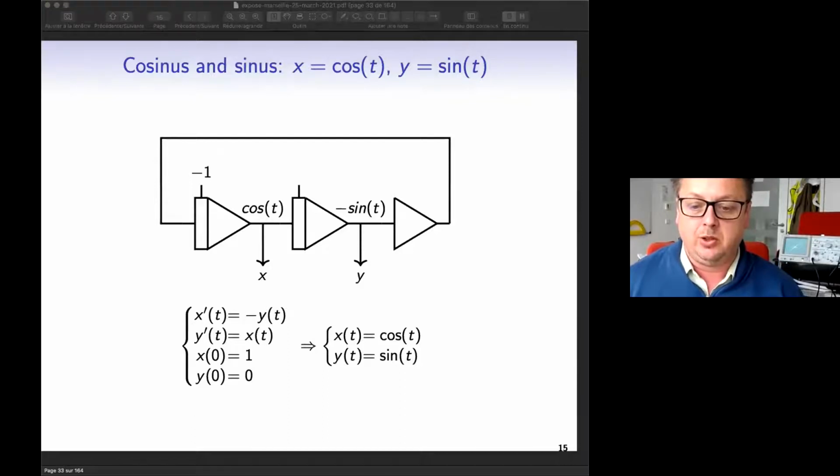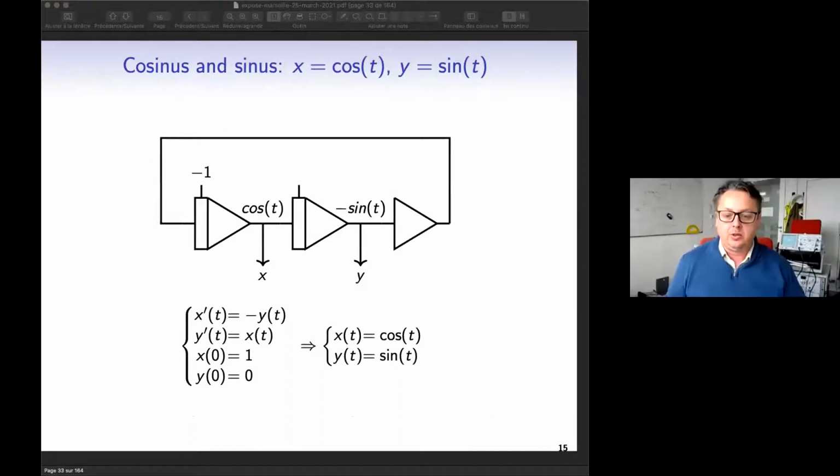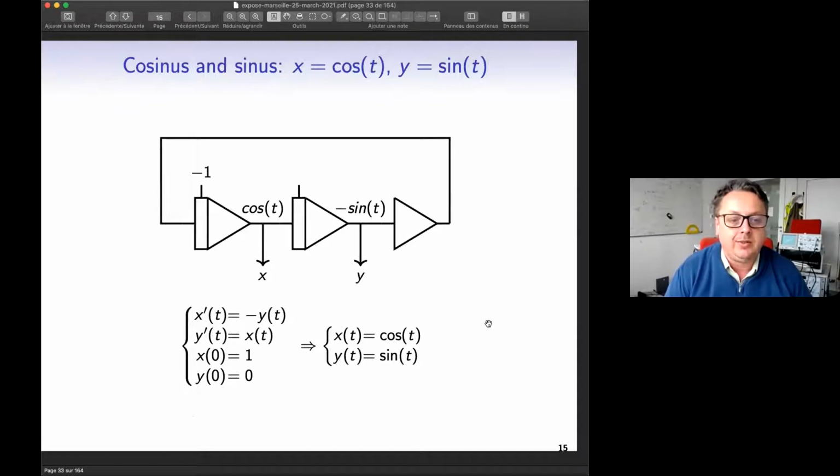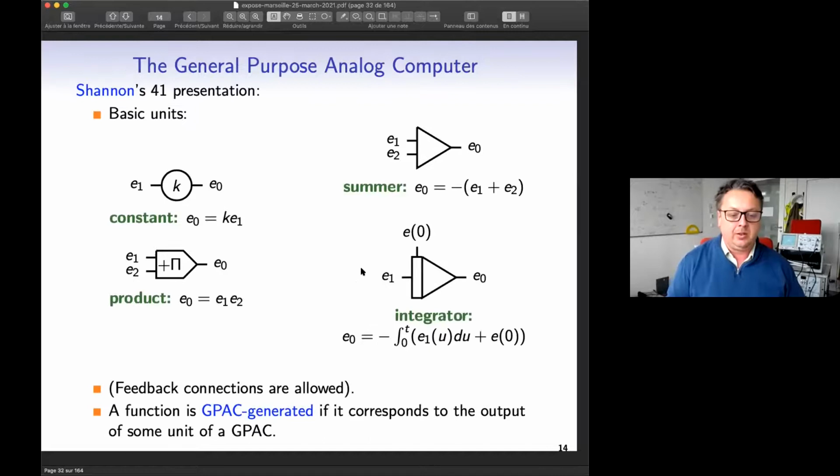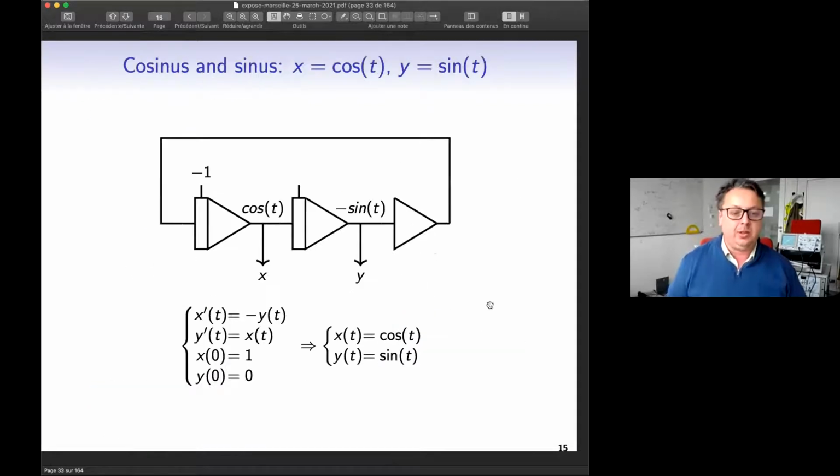So if I want to program with this machine, and if I want to draw sinus and cosinus on some oscilloscope, which is maybe not surprising, I would just say that the derivative of sinus is minus sinus. So I took 2 integrators. If I have here x, y will be, so there is a minus in my integrator block, minus the integral of cosinus.